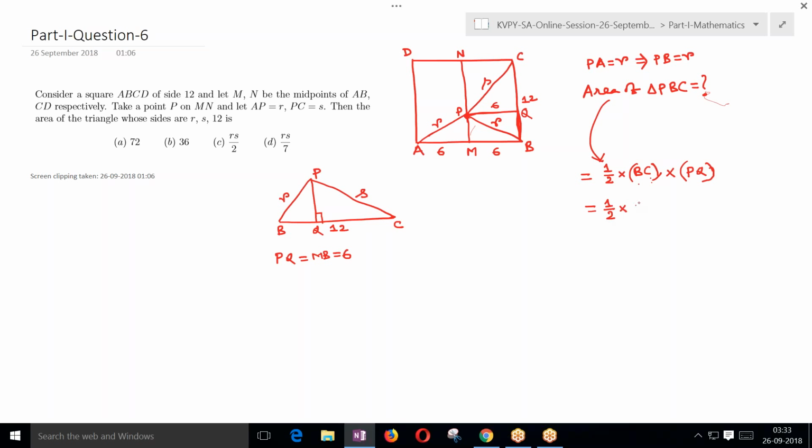BC is equal to 12, into PQ. PQ is equal to 6. That is equal to 36 square units. So we get the correct option as B. Any doubt, please do let me know.